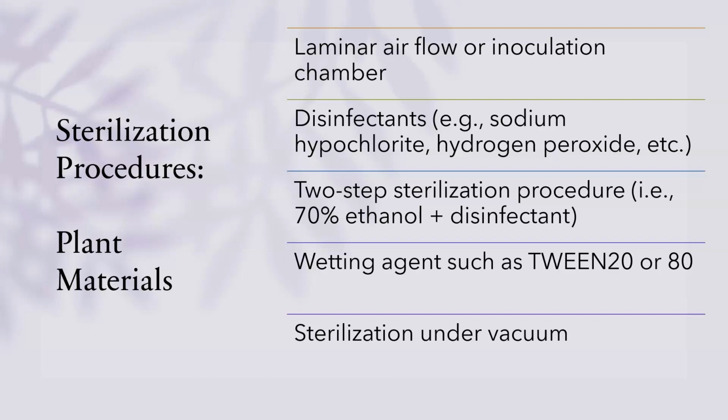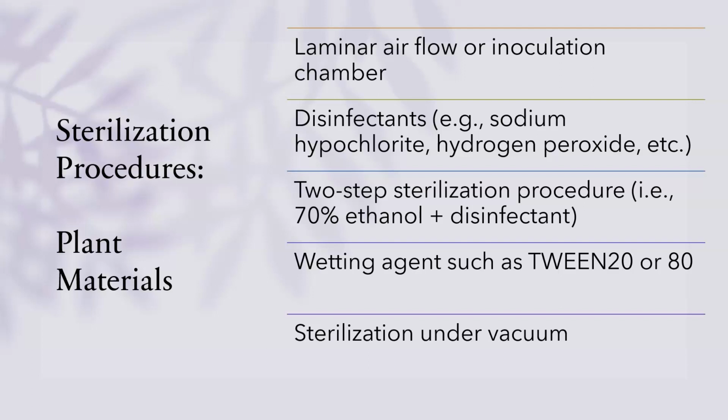For one of the examples, commercial bleach contains about 5% sodium hypochlorite, so the use of a concentration at 10 to 20% is equivalent to 0.5 to 1% of sodium hypochlorite.